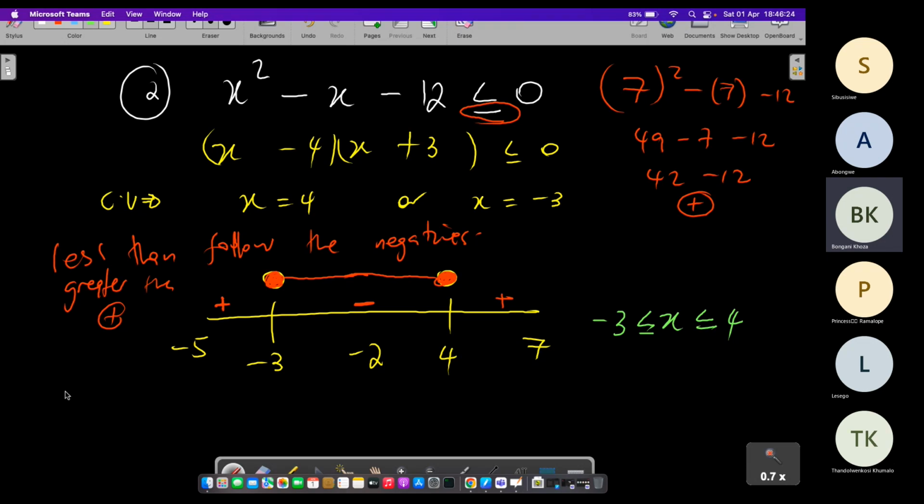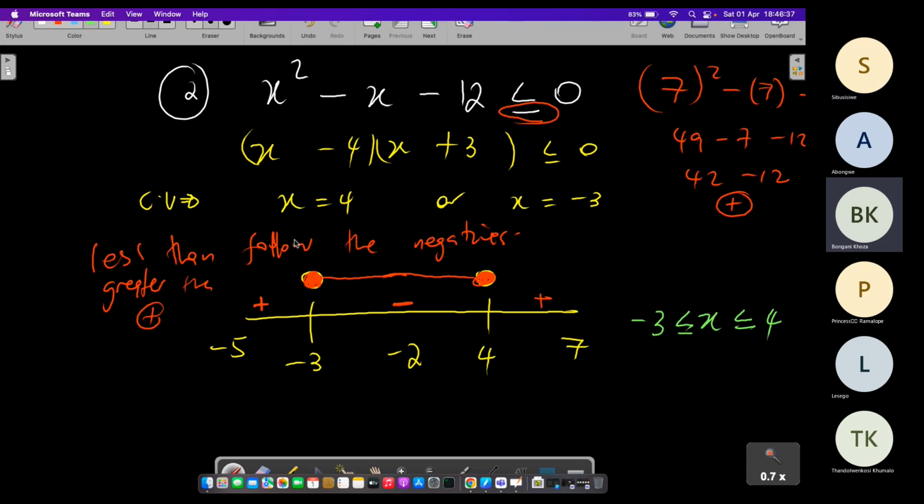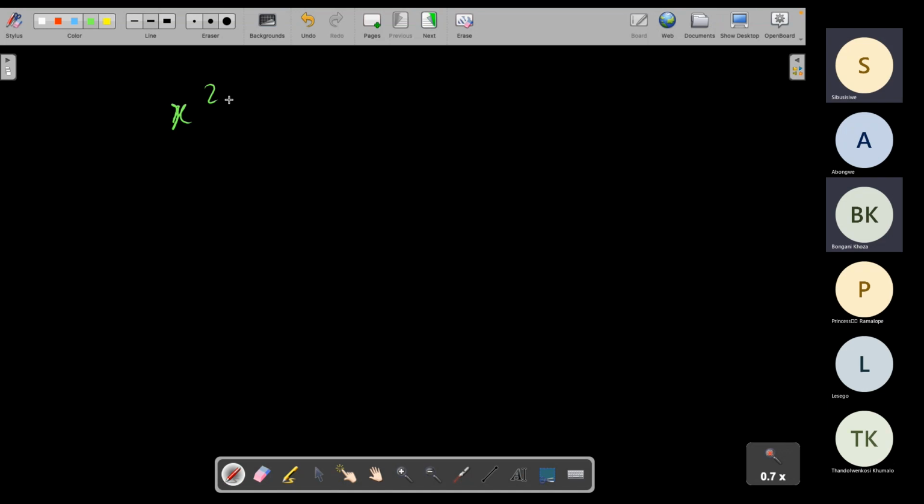What was the next one? It was x squared plus 2x minus 15, less than 0, like that.